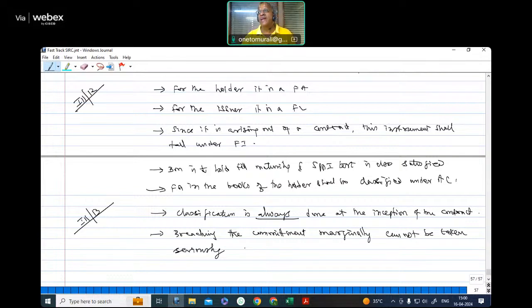So do not get excited and read holding till maturity as holding till the maturity of the instrument. No, it is not necessary that we hold it till maturity of the instrument, but the general perception people carry is that held till maturity is only with the instrument, which need not necessarily be the same in all cases.